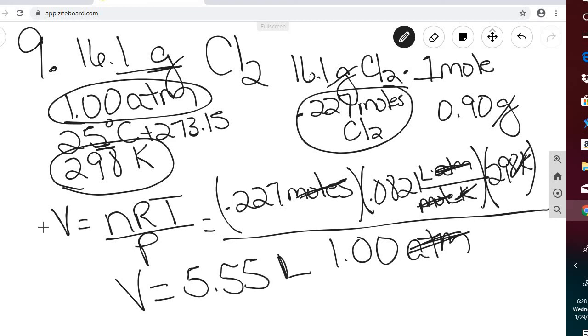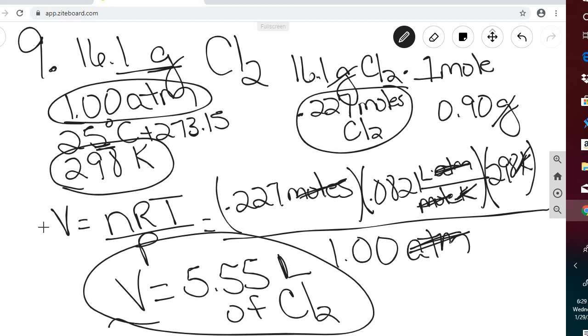Again, I'm going to run those numbers one more time to make sure. 0.227 times 0.0821 times 298 divided by 1 is 5.55373666, but with 3 significant figures, it would be 5.55 liters of chlorine gas.